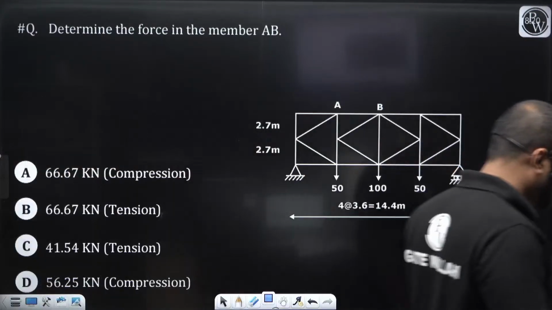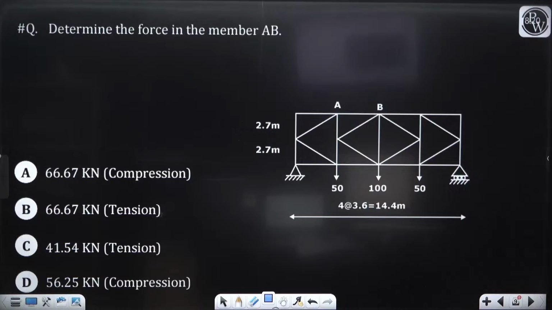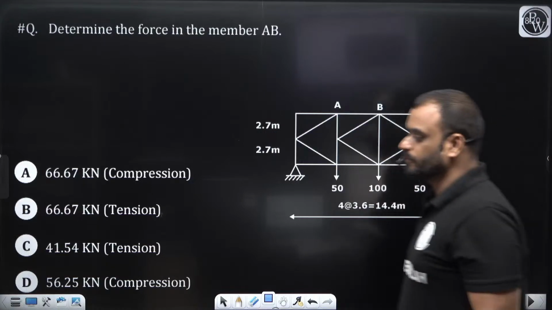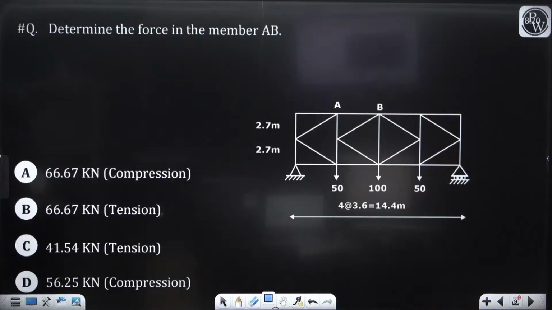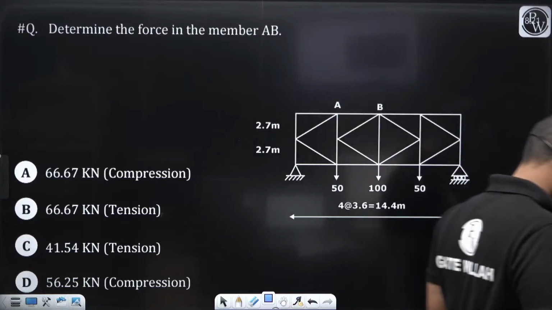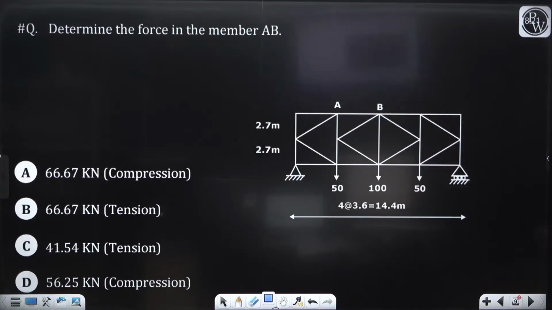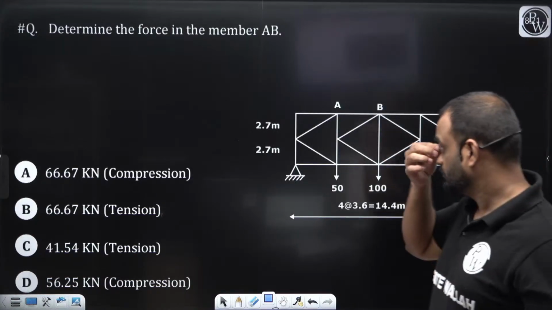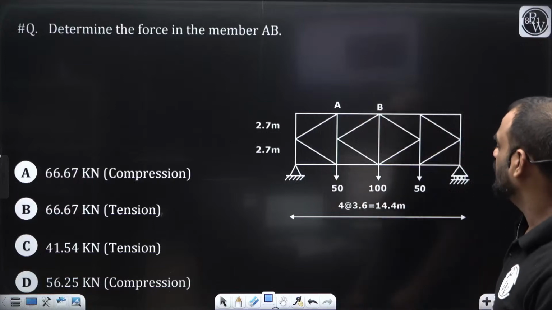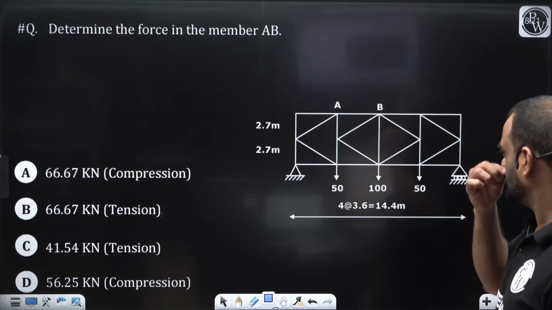You need to find out the force in member AB. Tell me guys. In member AB, what will be the force?